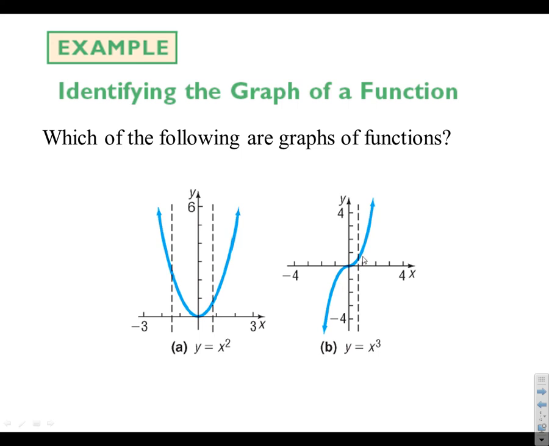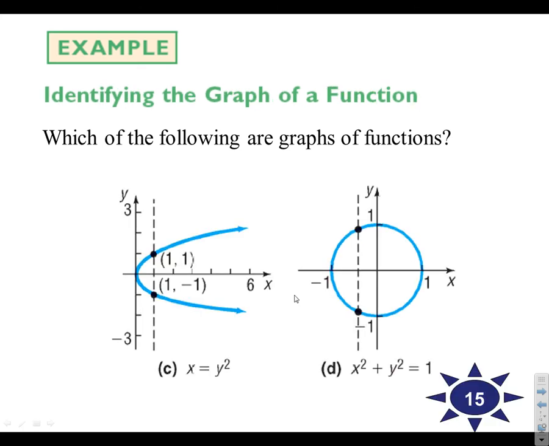Both of these curves would be functions because your vertical line would only touch those curves in one point. Both of these would not be functions because we're touching it in two places. So these two would both fail the vertical line test. Take a look at problem 15, see if you can figure out which ones are functions and which ones are not.